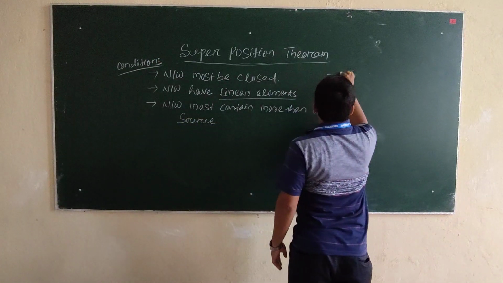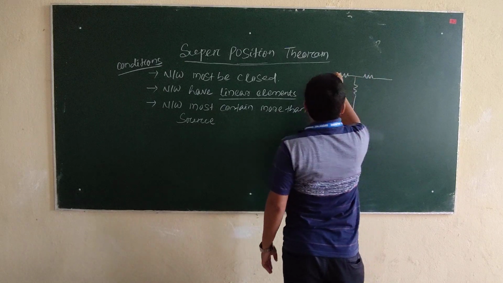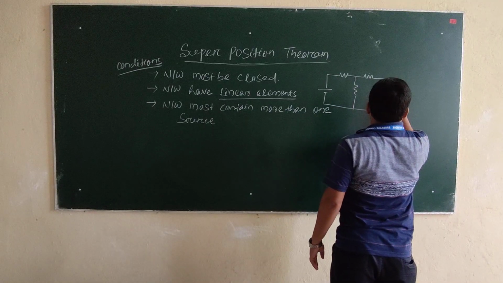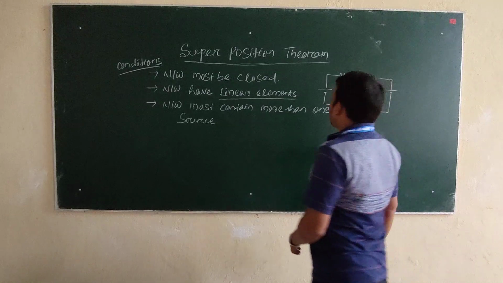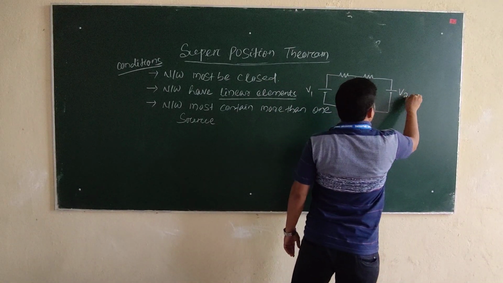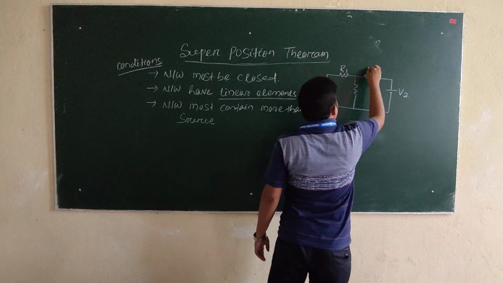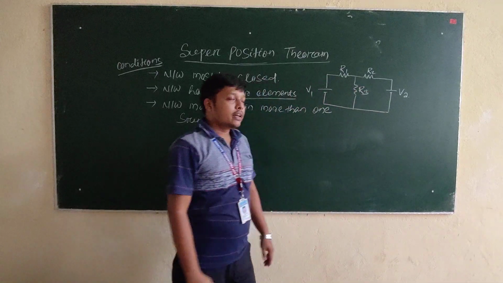What is that? Suppose we take this network. Here let us take an example. Here two sources V1 and V2 are connected. Three resistances R1, R2 and R3 are connected.